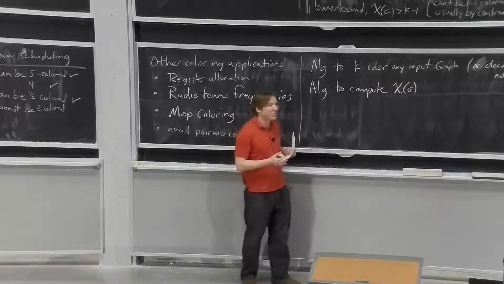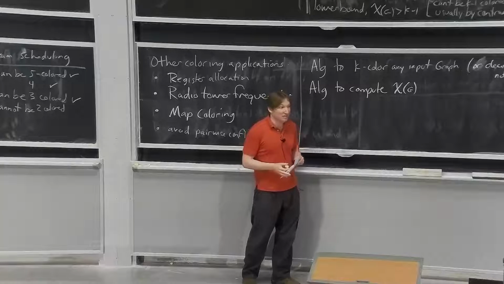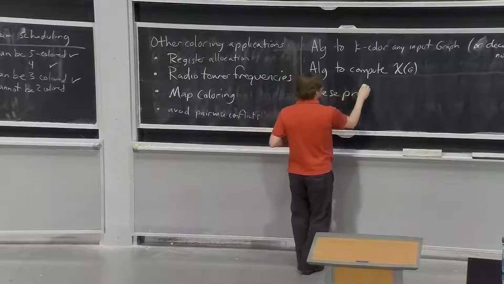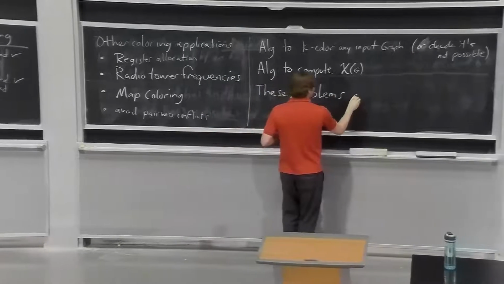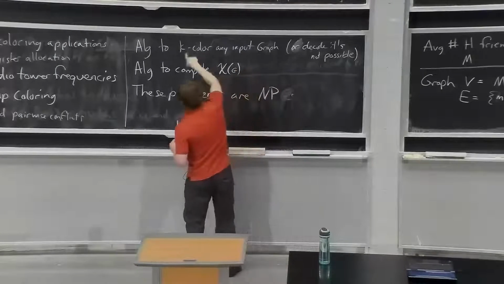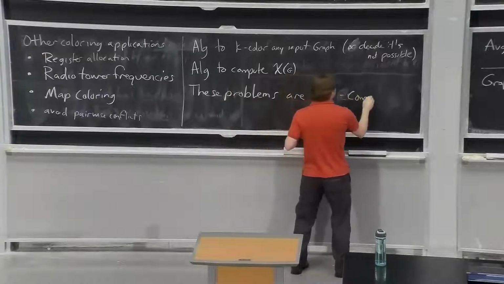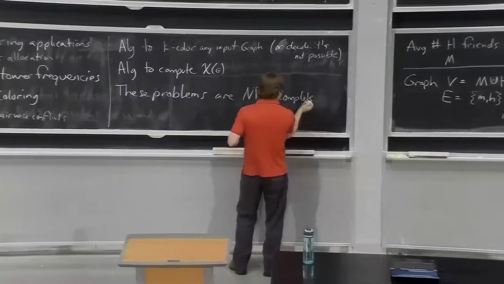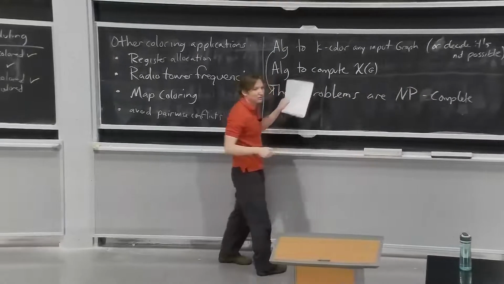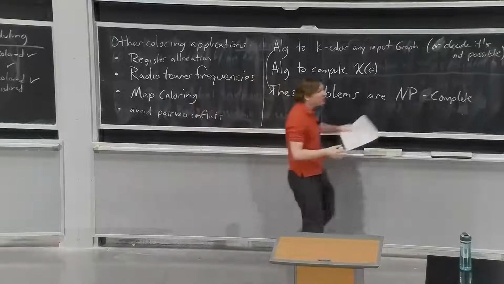Unfortunately, I'm talking in hypotheticals here because these algorithms very, very likely don't exist. These problems are what we call NP. Well, this problem's NP-complete. This one's possibly even harder. At least this problem is NP-complete. Like I said, this one might be even harder than NP. What does this mean? I don't care so much.